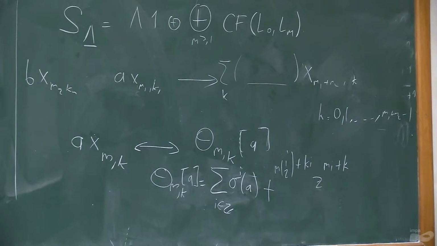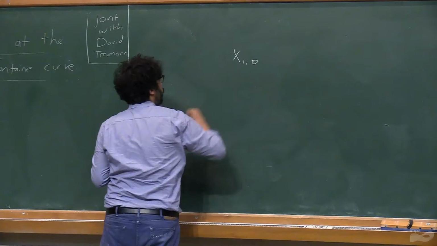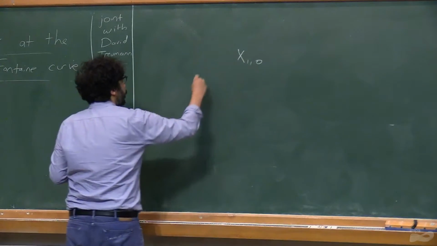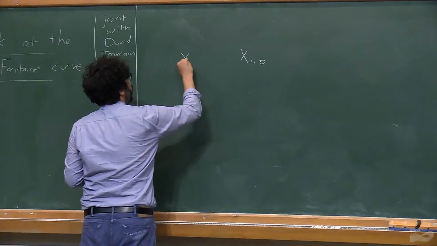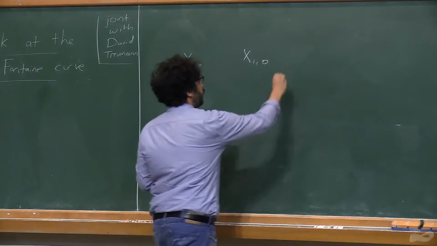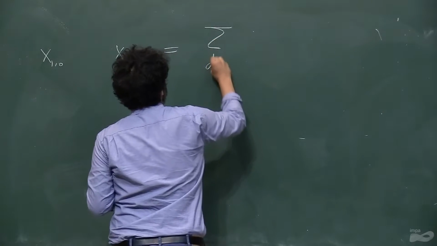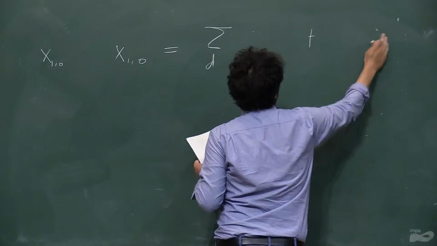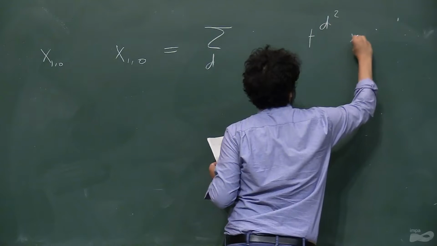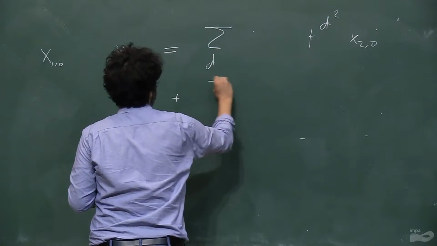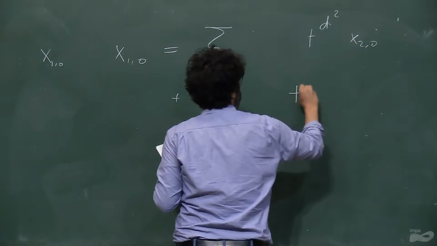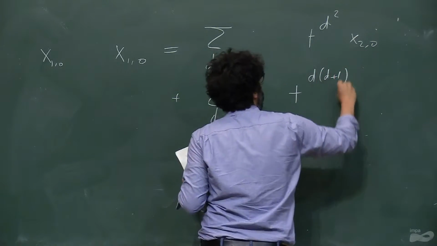Maybe one more illustration of what happens. So we had previously x10 times x10, and I explained to you that if you compute this, you get t to the d square x20 plus t to the d times d plus 1 x21.